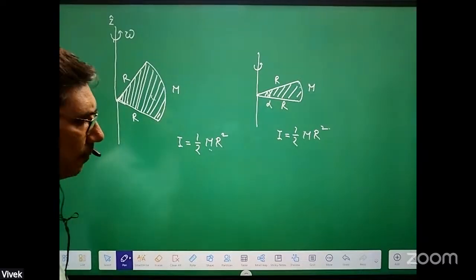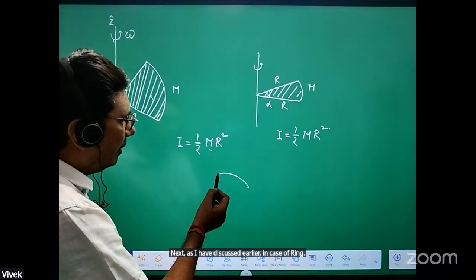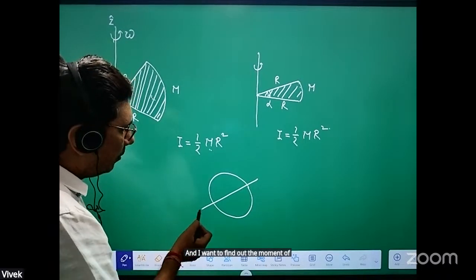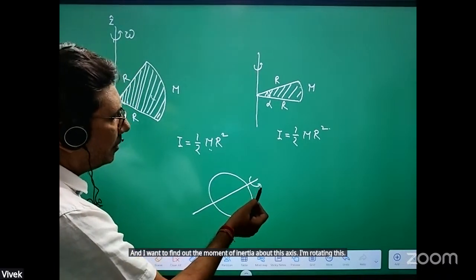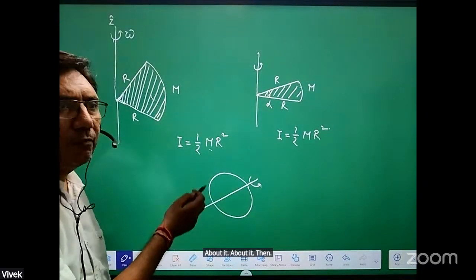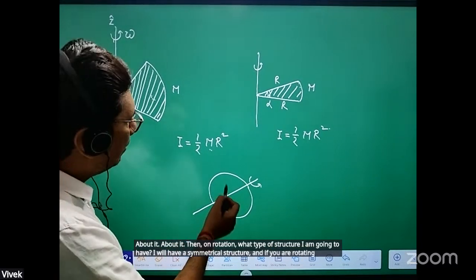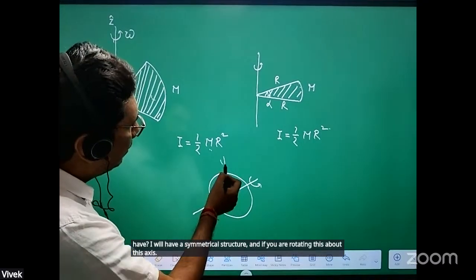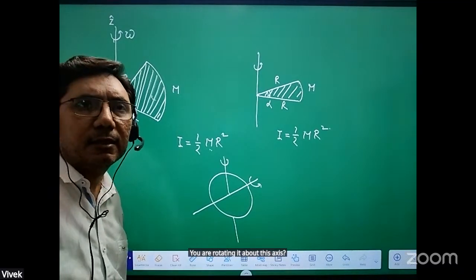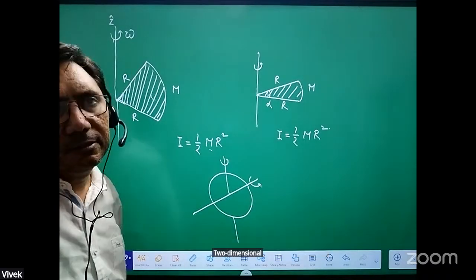Next, as I have discussed earlier in case of ring, suppose this is my disk and I want to find out the moment of inertia about this axis, I am rotating this about it. Then on rotation, what type of structure am I going to have? I will have a symmetrical structure. If you are rotating it about this axis, you are having a two-dimensional planar structure, disk.